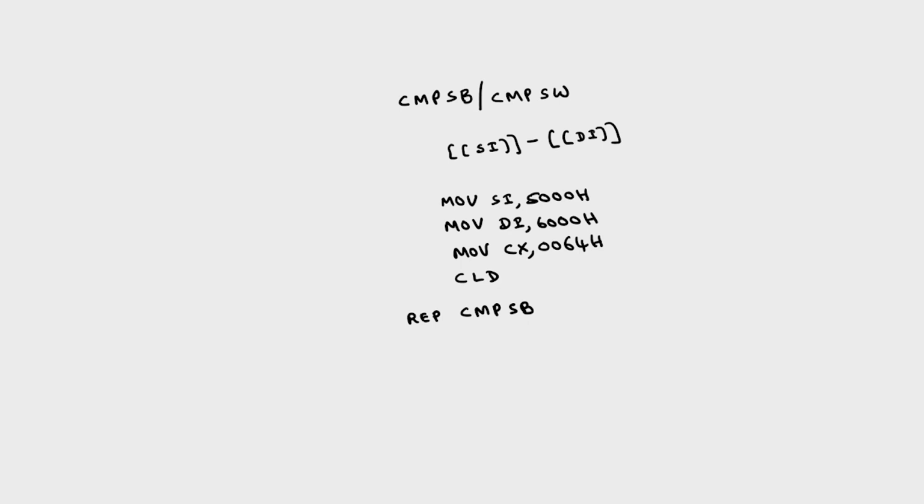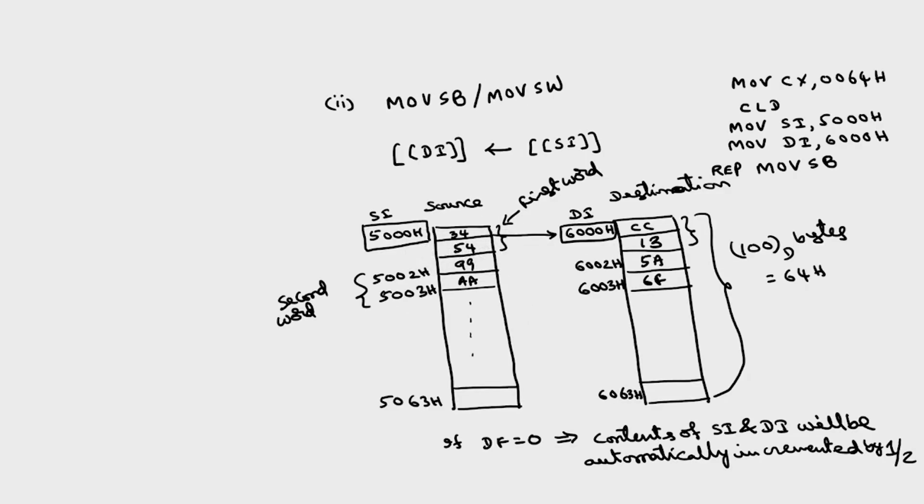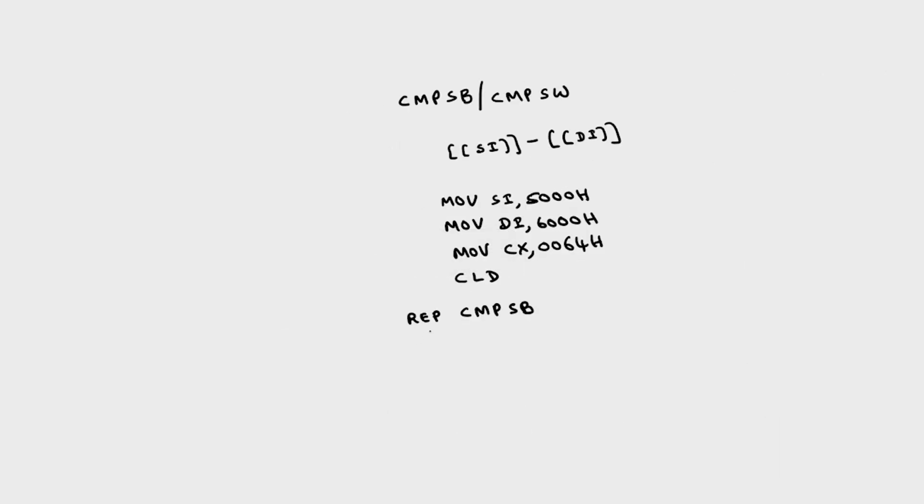So, here in case of compare, there is one more instruction called scan instruction. Here this prefix can be either repeat. In case of move instruction, this is repeat only, whereas in case of compare instruction, we can use repeat, or repeat equal or repeat Z, or repeat not equal or repeat not Z. These two are same, these two are same.